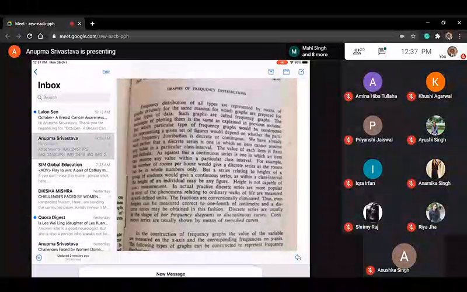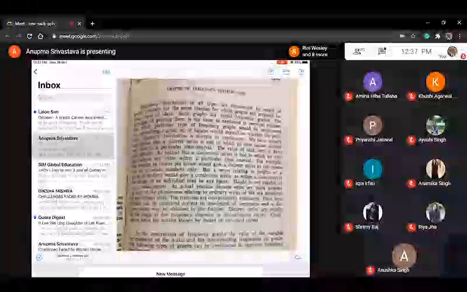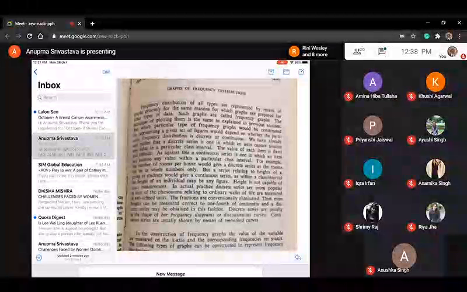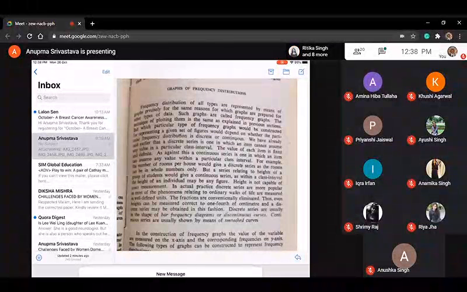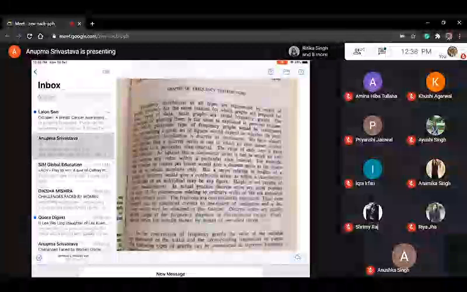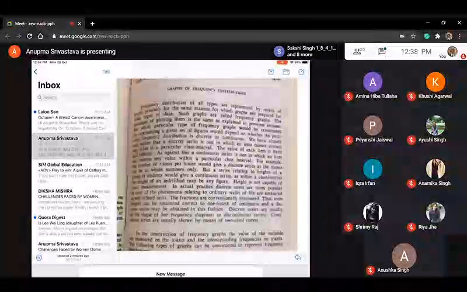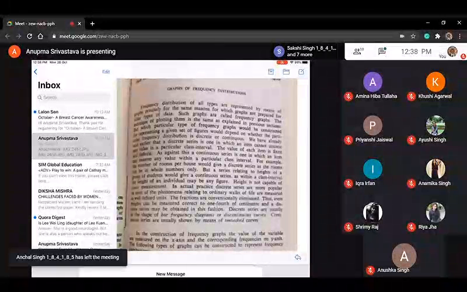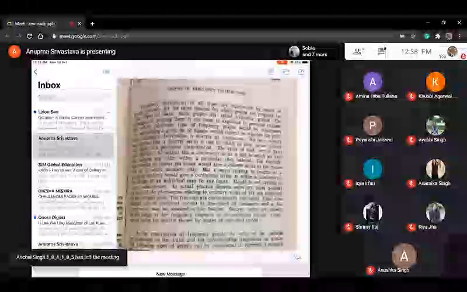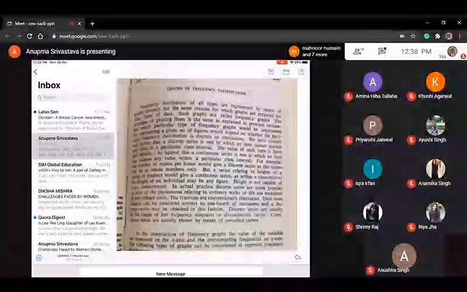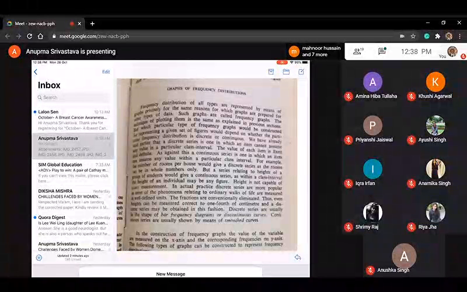Such graphs are called frequency graphs. That means where you represent frequency, that graph will be called frequency graphs or the graphs of frequency distribution. But which particular type of frequency graph would be constructed for representing a given set of figures would depend on whether the particular frequency distribution is discrete or continuous.